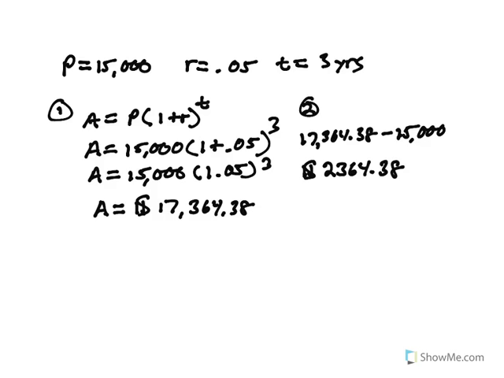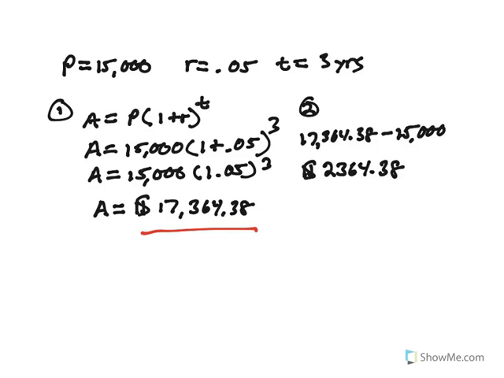Okay, so that's all you really have to do. Use that formula and then take the difference of the future amount with the original principal, and you will get the interest earned, which is a little over $2,300, which makes sense because you're starting off with 15,000 and then you add $2,364.38. You should get the value we calculated initially, $17,364.38.